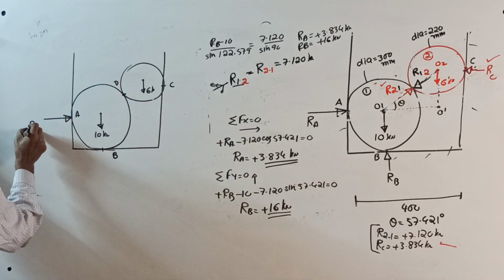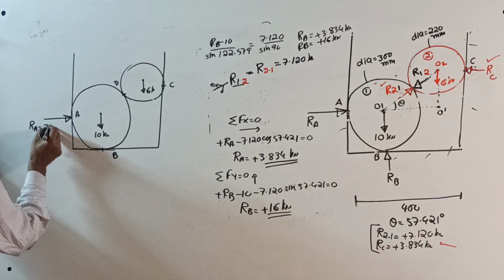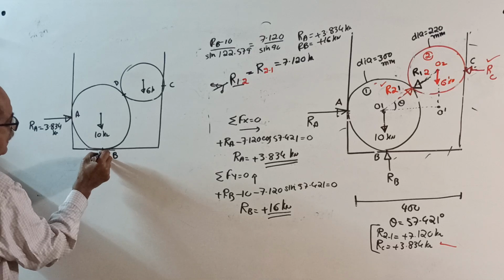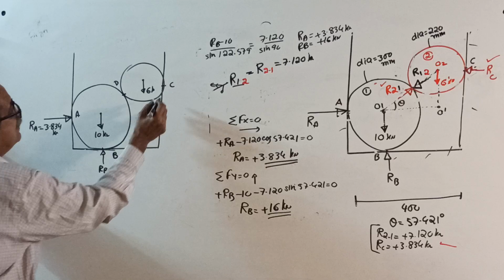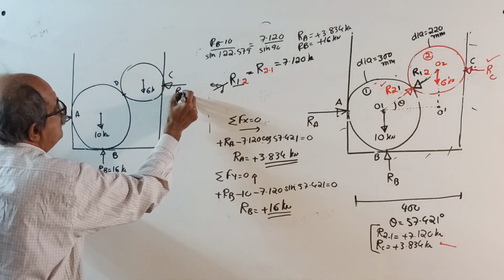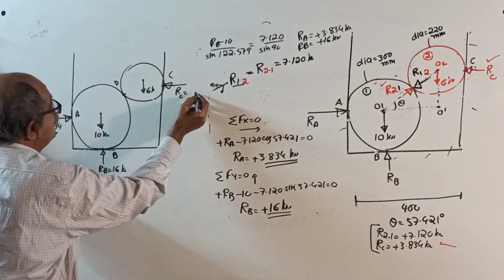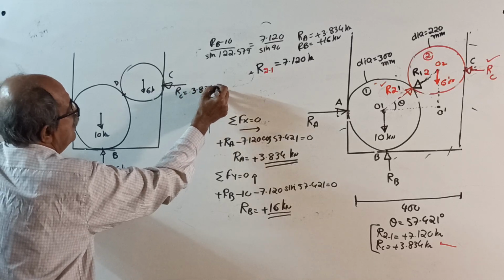There is a horizontal reaction RA inwards of 3.834 kilonewton. There is a vertical reaction here RB of 16 kilonewton. There is a horizontal reaction here, RC, of 3.834 kilonewton.